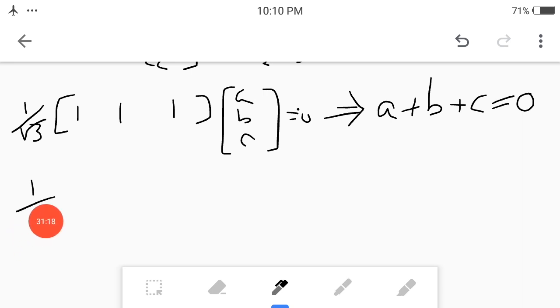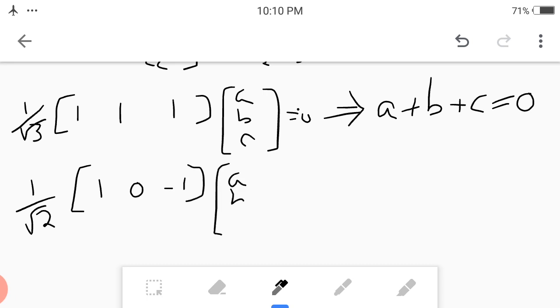Similarly, the other equation, root 2, you get 1 0 minus 1 into a b c should give you 0, as a minus c equals 0.